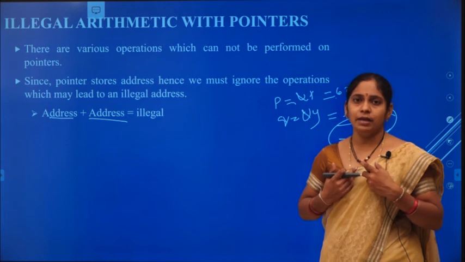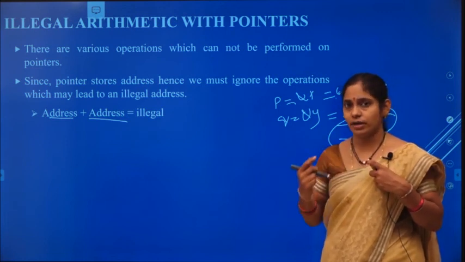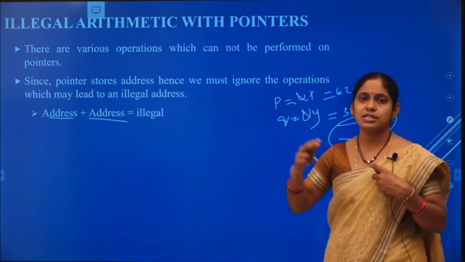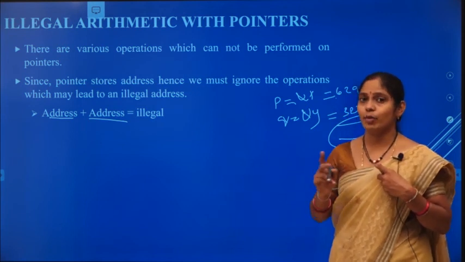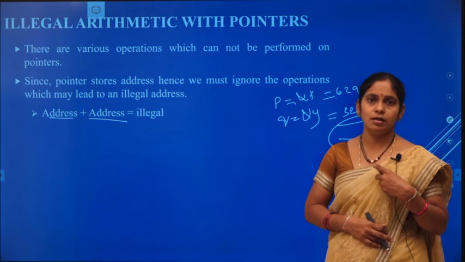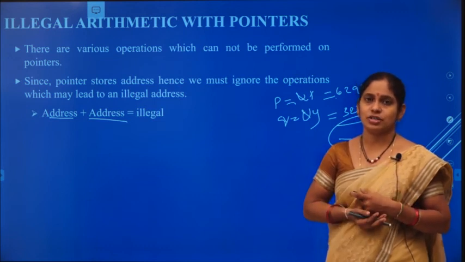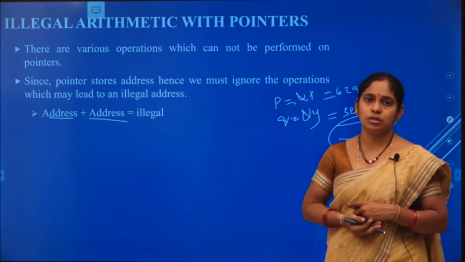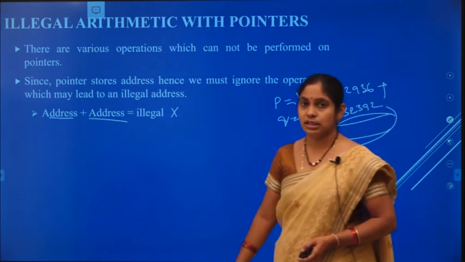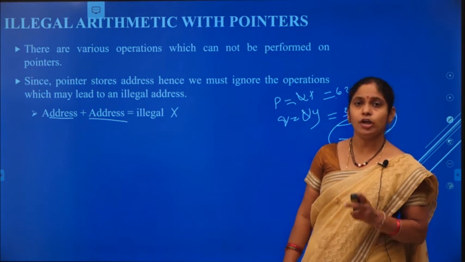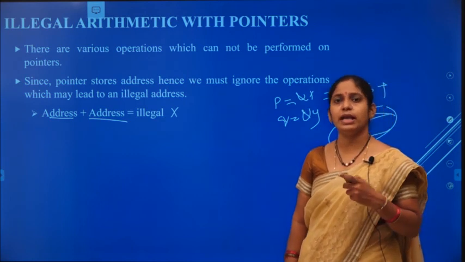But can I combine two addresses, my house and my friend's house, as the same? My house is here and they are staying somewhere else. How can I combine both the addresses? Is it possible? Both are different locations. How can we merge both? So it is illegal. It is not possible to add two addresses, but we can increment.